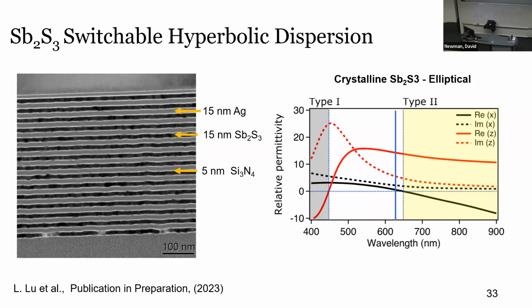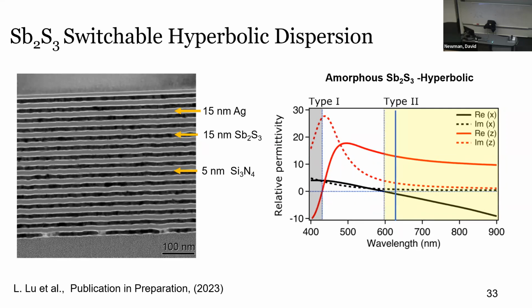However, when we crystallize the material at the same wavelength, the material now has a negative in-plane real part and a positive out-of-plane real part. So now it's a type 2 metamaterial. So we can switch between a type 2 hyperbolic metamaterial and a normal dispersion relation for a dielectric by crystallizing the antimony sulfide layers in this stack.